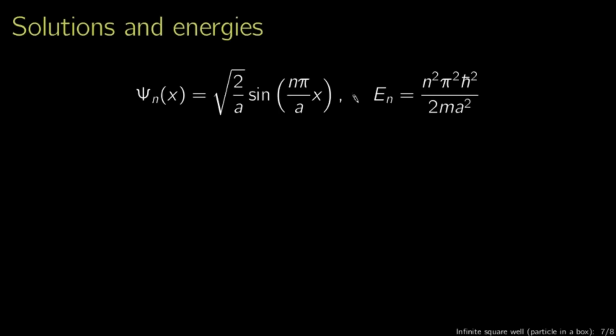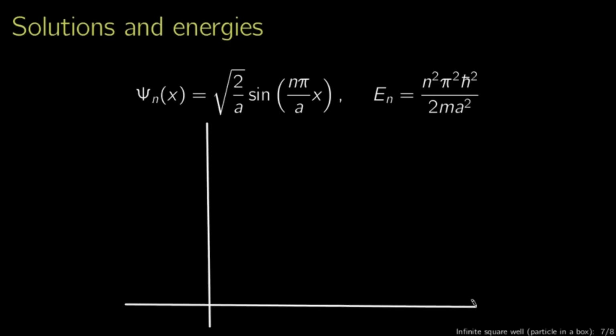So, these are our solutions, and these are the energies associated with those solutions, and we only got a discrete set of them. In order to better visualize this, I'm going to draw a diagram for you, and this is a common sort of diagram to draw in quantum mechanics, though it does abuse the system of units a little bit.